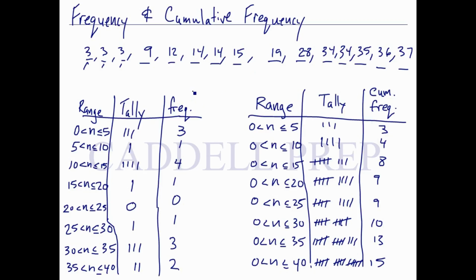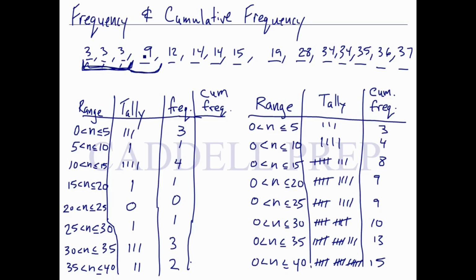Alright, now let's take a look at this. We could have actually gotten a cumulative frequency from this table. So let's make sense of this. 0 to 5, we included this group here. Then 0 to 10, we expanded and included this.